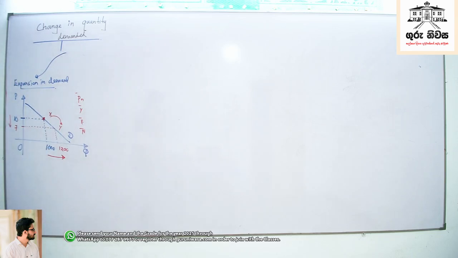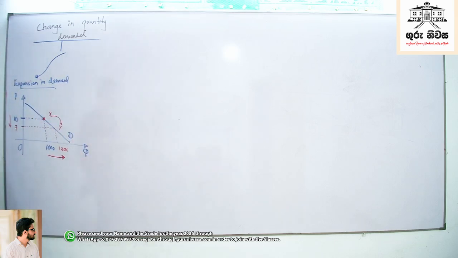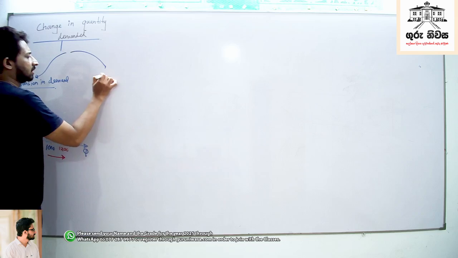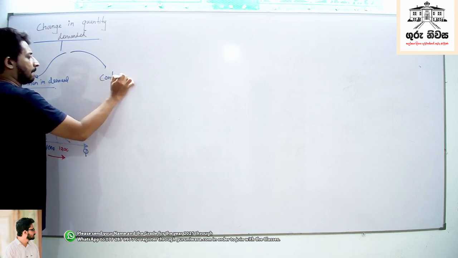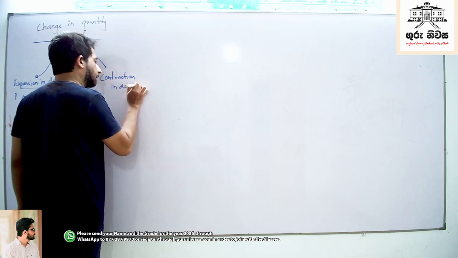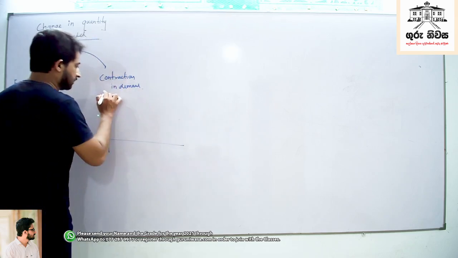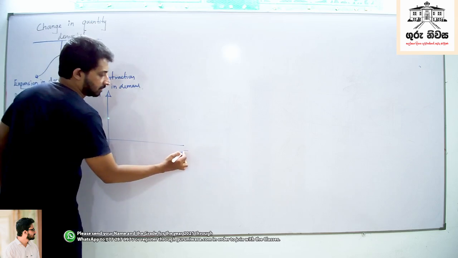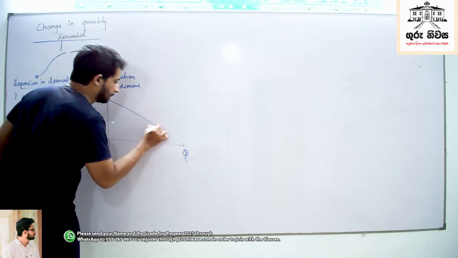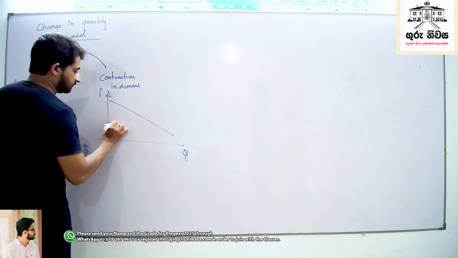Okay, the other one is contraction in demand. Simple, opposite. Contraction in demand means, P, Q. Assume this is the original quantity.